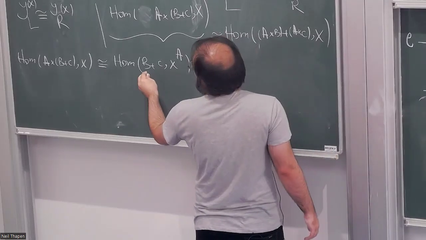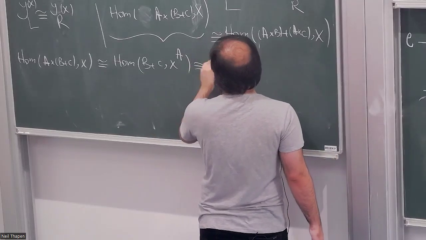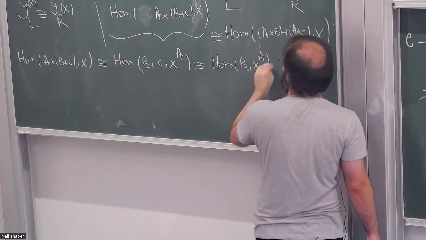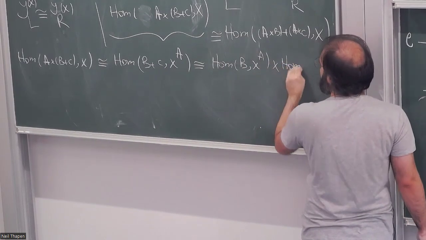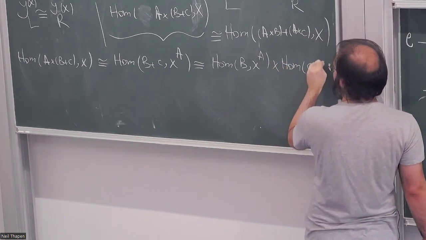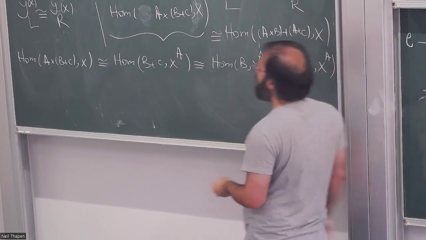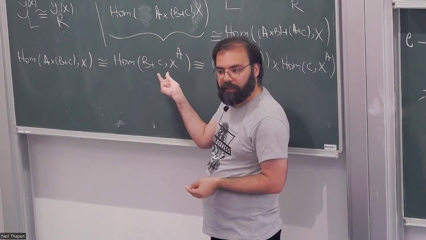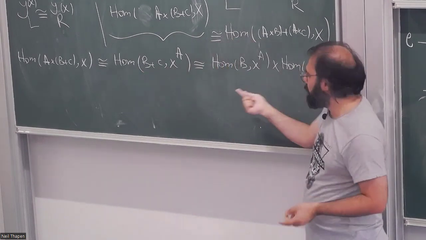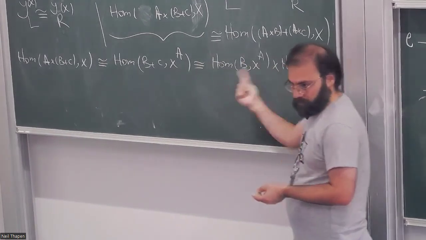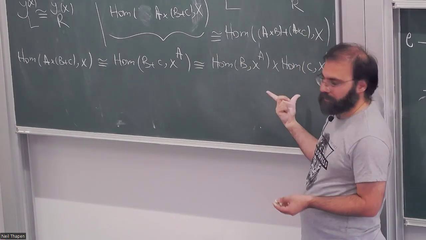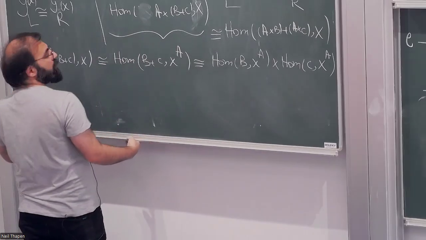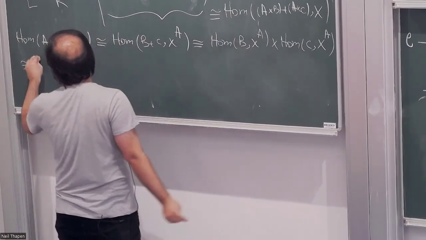And then this guy is in correspondence with this. Why? Because if you have a map from that coproduct to something, it is just in one-to-one correspondence with one map from B, one map from C, right? So just a pair. And then these two guys, again, by using exponentiation, I can move A back.